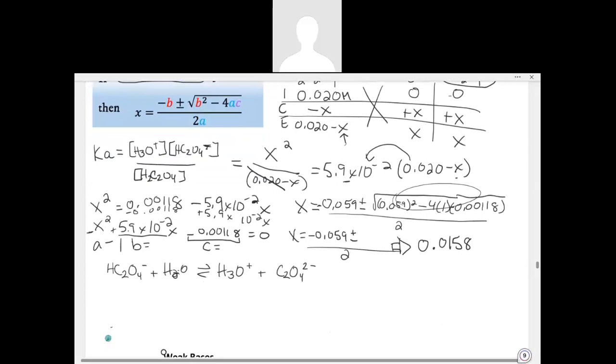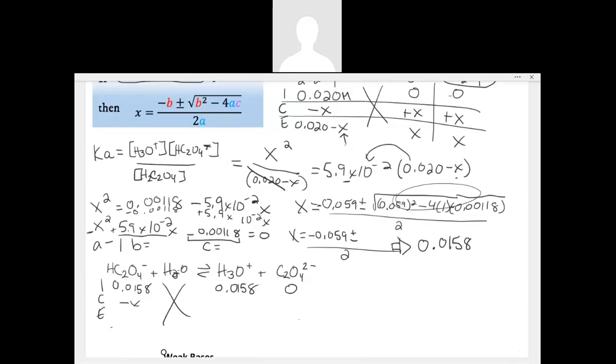So let's get our ICE table in, and we have that 0.0158 here. This is not needed. We're going to start with this 0.0158 here. And then this would be 0. So my change is going to be the same: minus x, plus x, plus x. So here we get x and x. Here we get 0.0158 minus x.